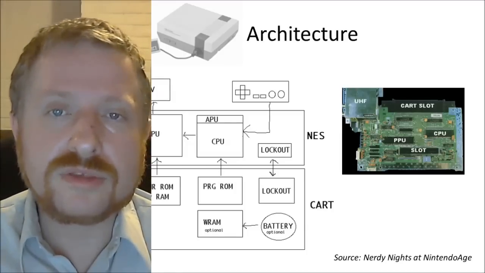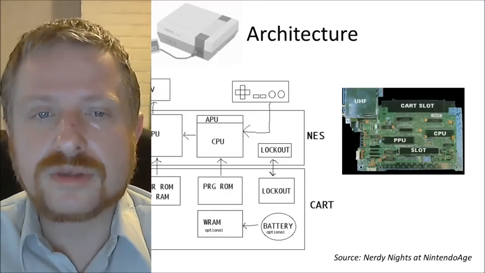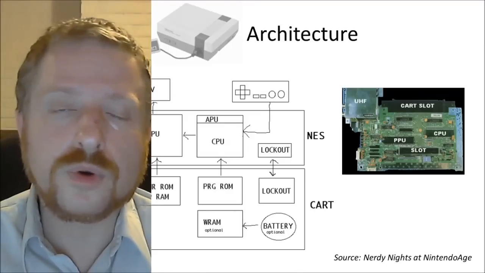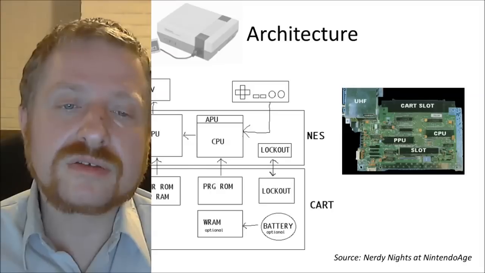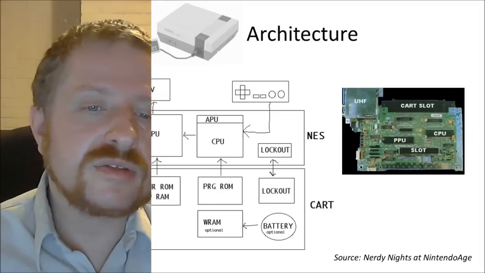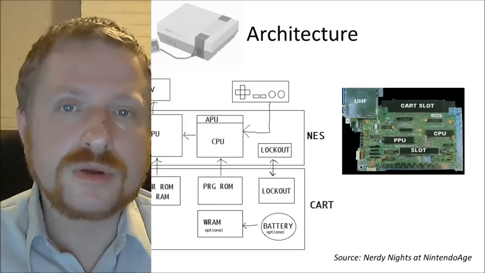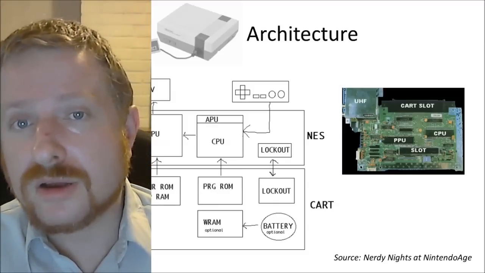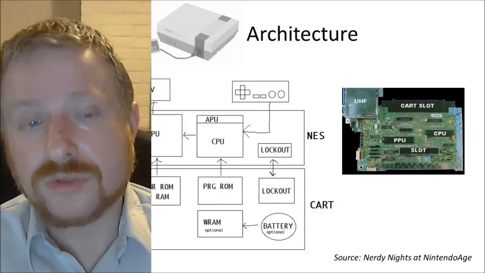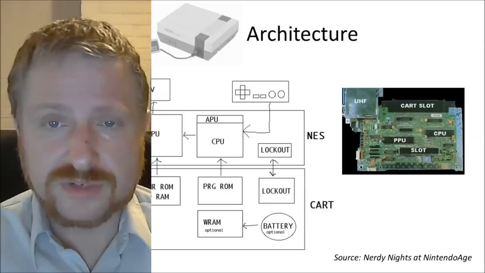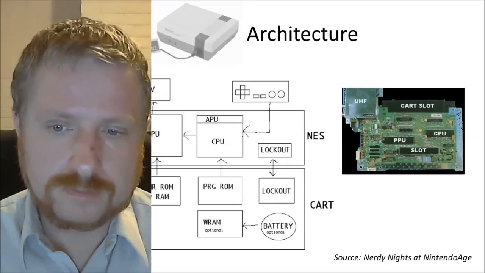And along with the CPU you see the APU there, which is used for playing the music and sounds. And then the CPU writes data to the PPU to modify the background and the sprites that are ultimately displayed on the television screen.